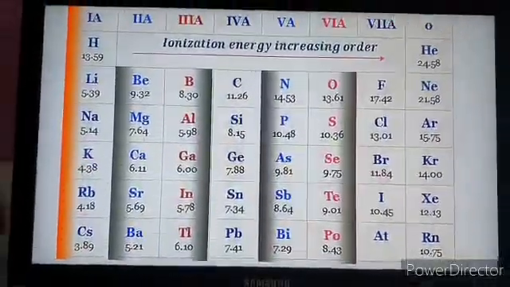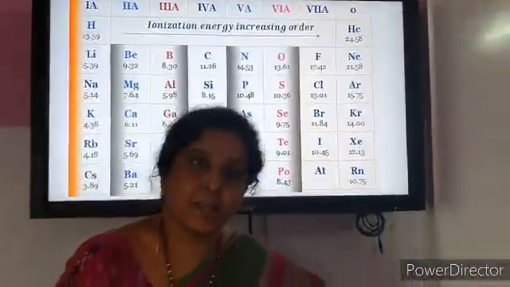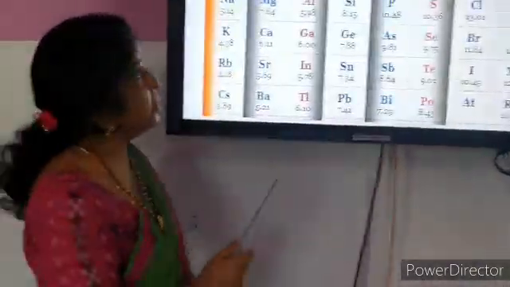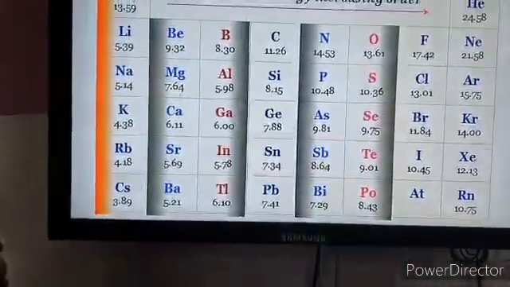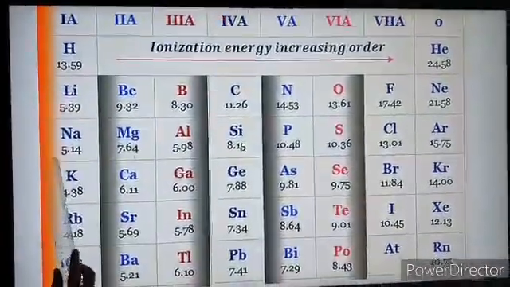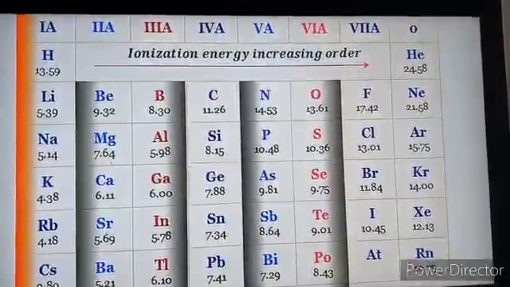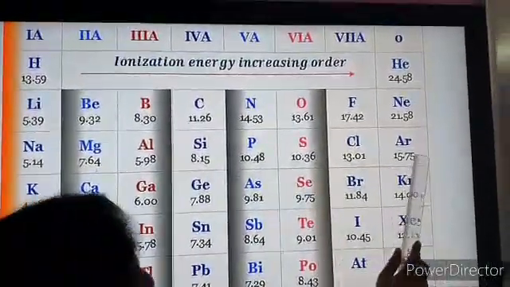Yes. The next property which we have already discussed about is ionization energy. What happens to the ionization energy in a group and a period? These are S and P block elements. What is happening to the ionization energy when you move from left to the right in a period? The ionization energy increases.